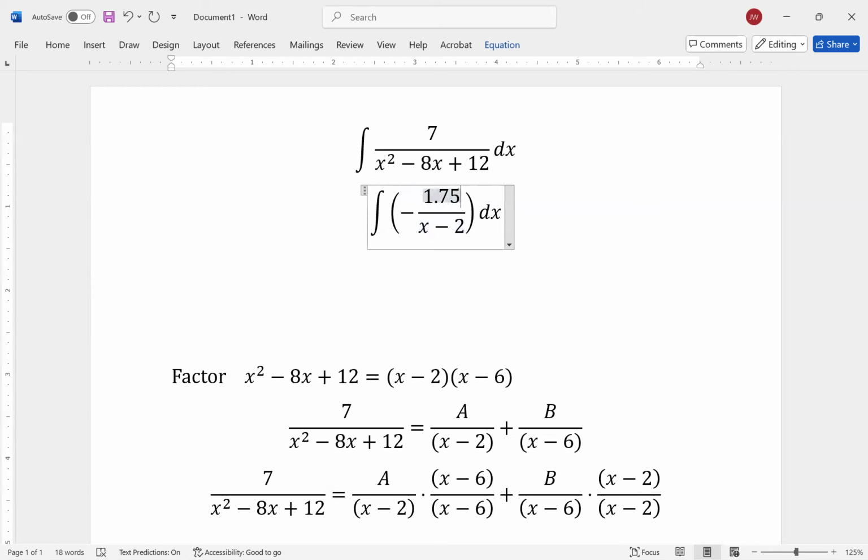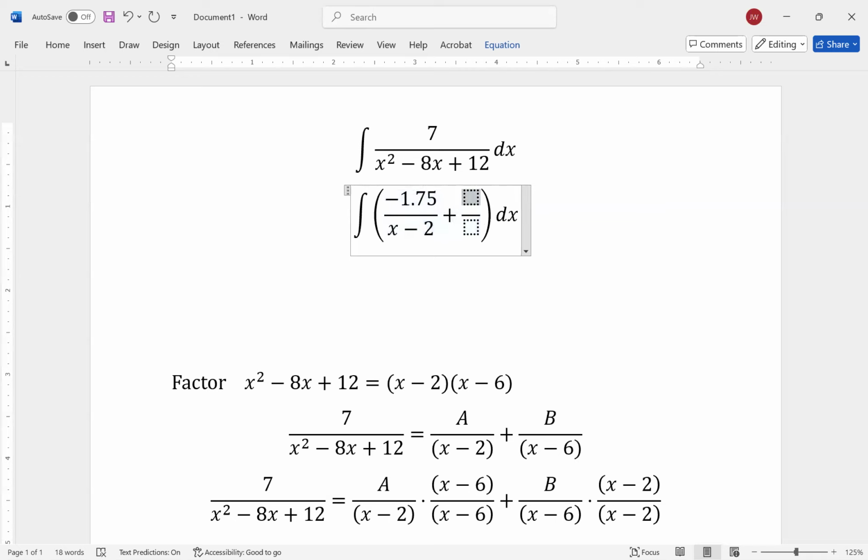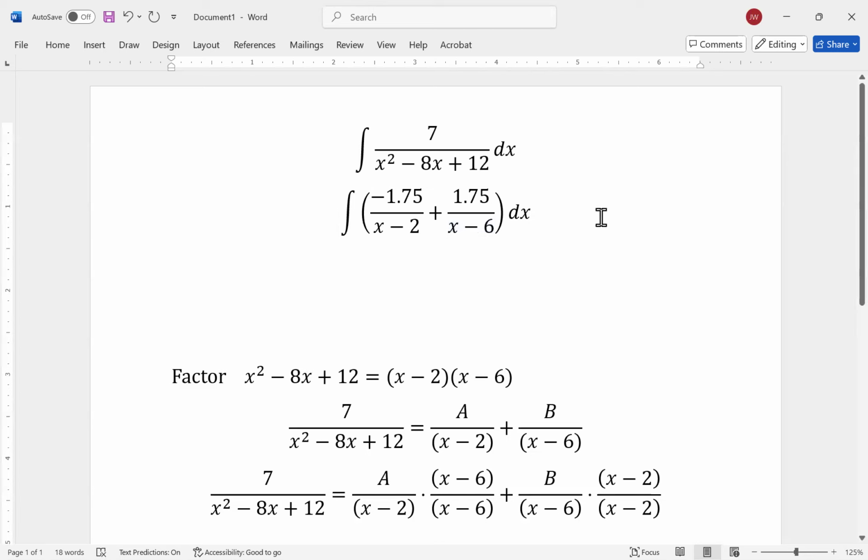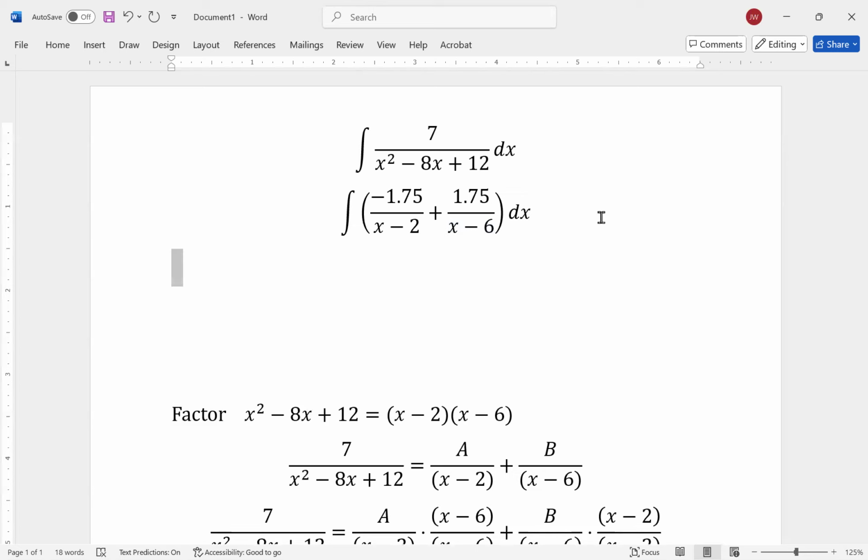I think I'll put the negative in the numerator there. Plus a positive 1.75 over x minus 6. And those two individually are very easy to integrate.